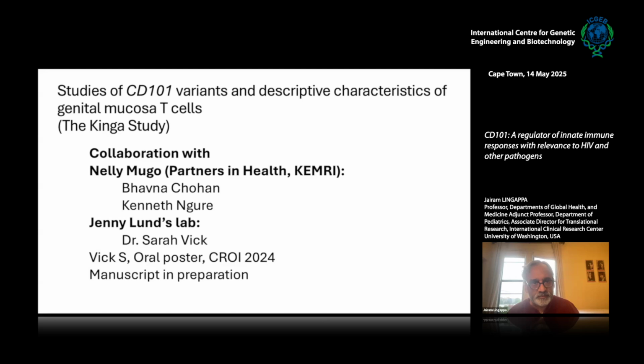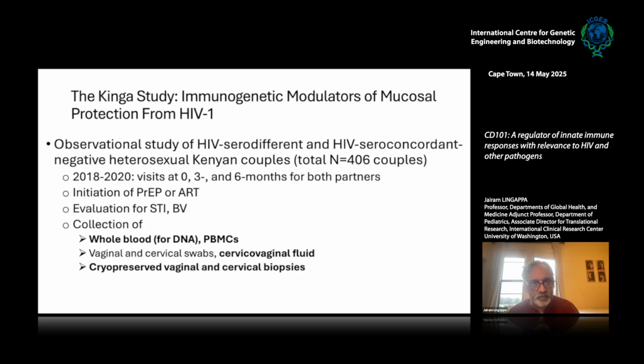We worked with the two of them on a study that looked at CD101 variants in samples from genital mucosal biopsies, where we did an observational study of HIV serodifferent and seroconcordant negative heterosexual Kenyan couples, 406 couples, following them longitudinally through initiation of PrEP and ART and evaluations for STI and BV.